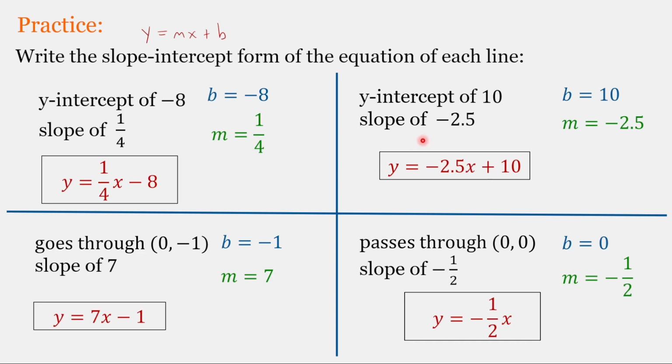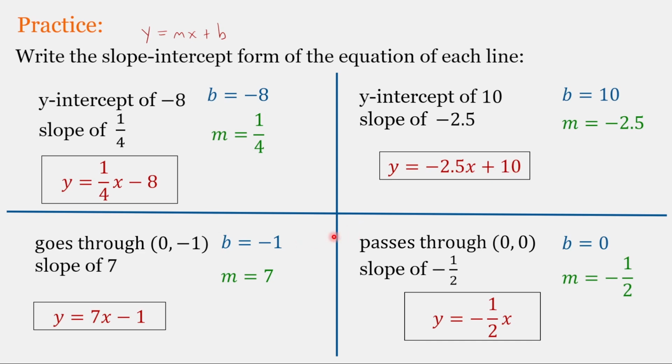And with the second equation, again, we're given a decimal for a slope, but we handle it in the same way. We have an m of negative 2.5, so that is our slope, giving us the equation y equal to negative 2.5x plus 10.